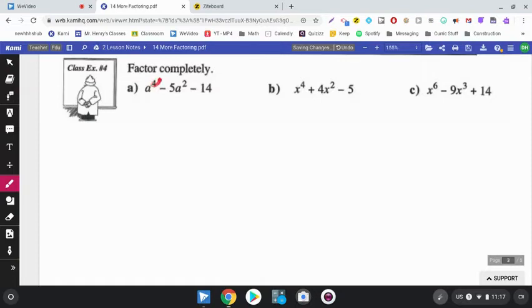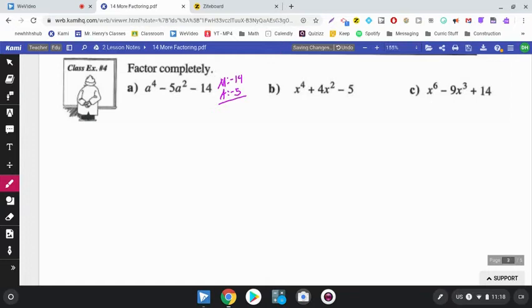This is a higher power. Well, what I want to show you is decomp works for a majority of things. So if you have something you don't know how to factor, try decomp. Okay, I've got a coefficient of 1, constant of negative 14, so I'm going to multiply to negative 14. And I'm going to add to the middle, which is negative 5. And I'm going to keep the terms the same way. I'm just going to decompose that middle term.